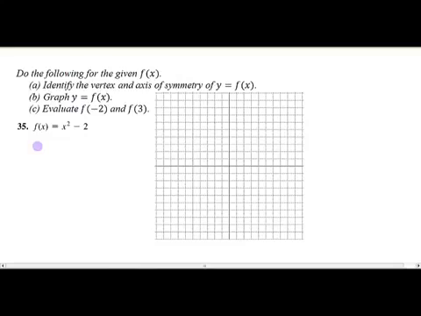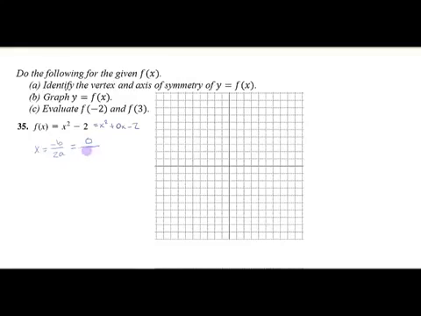Remember, we find the x of the vertex first with -b over 2a. -b is going to be 0 because I don't have a plain x term, so this equation is actually x squared plus 0x minus 2. So the b is 0, and negative of b is still 0.